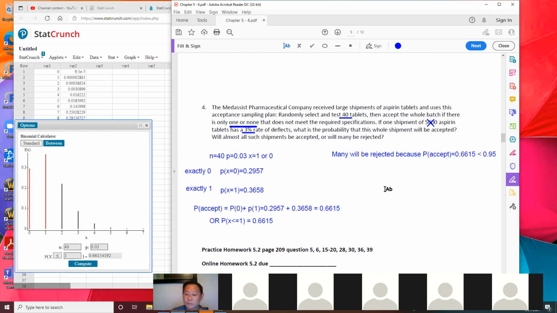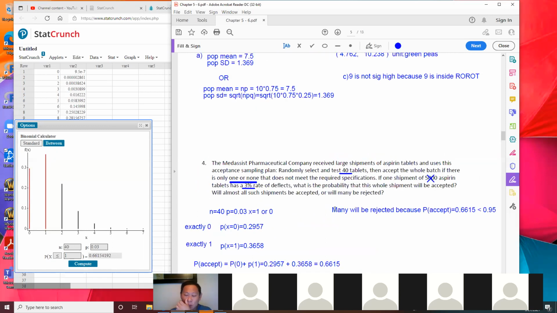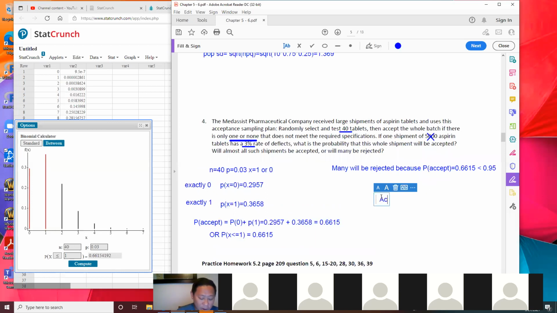When you go accept, for just this question, it has to be more than 95%. When you reject, it has to be less than 95%. So that's why this will be reject, because this number is less than 95%.